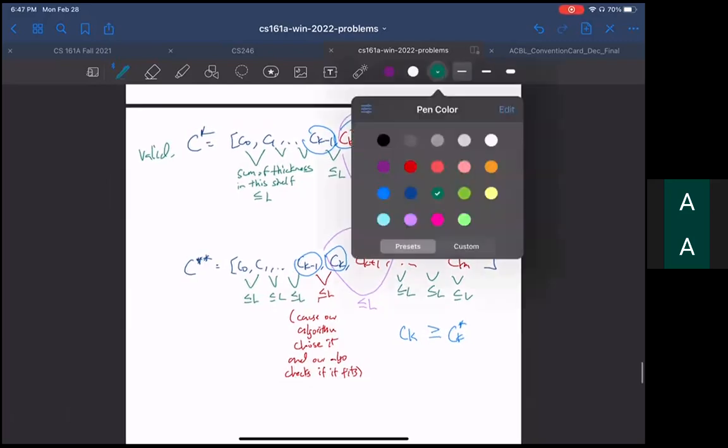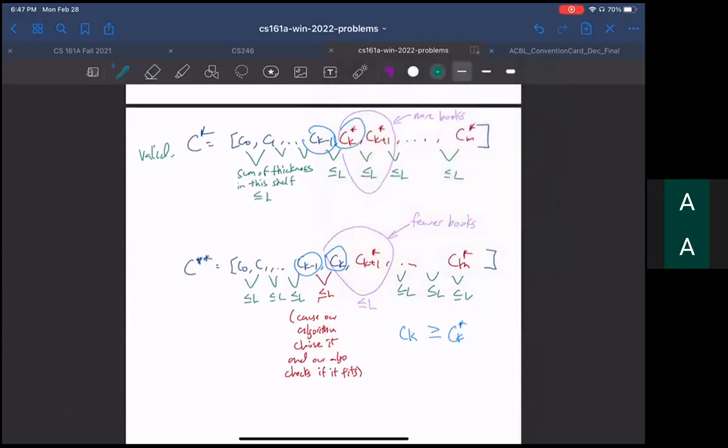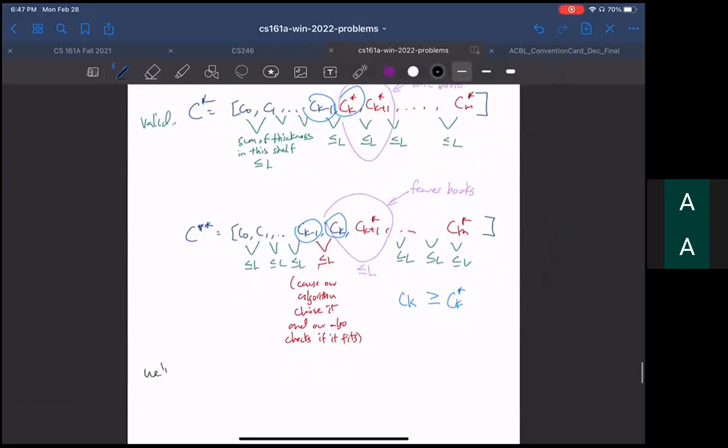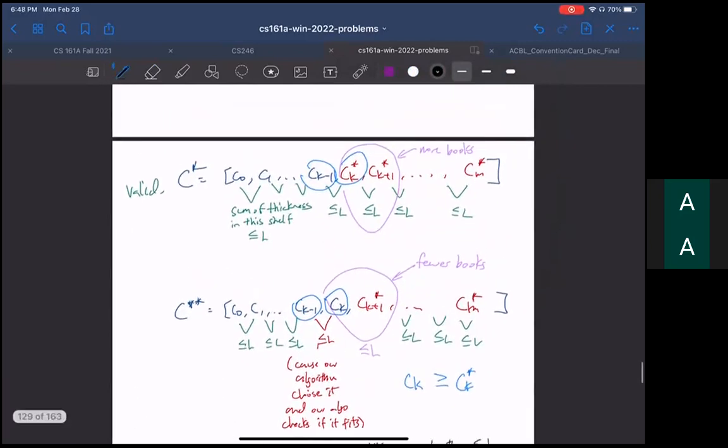Okay, so we've shown that all shelves in C star star have length less than or equal to L. We also have to show that it's increasing, and that's easy because C star is valid.